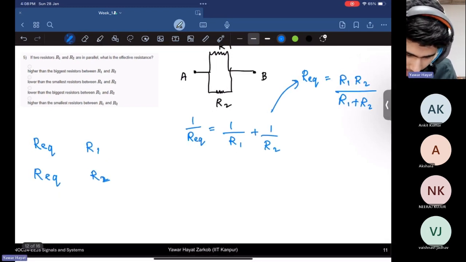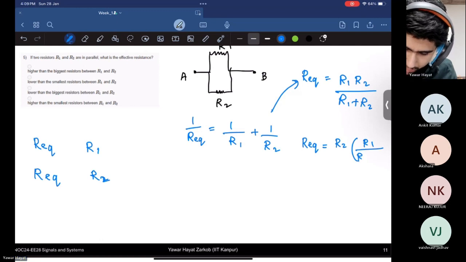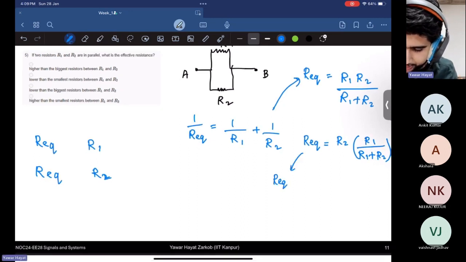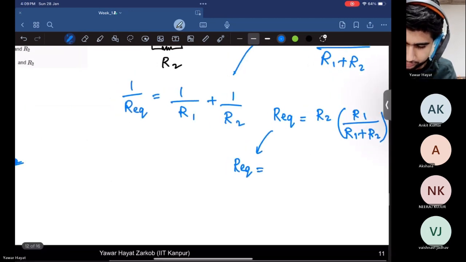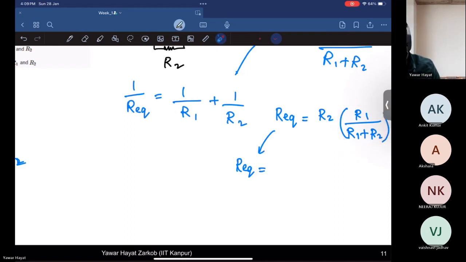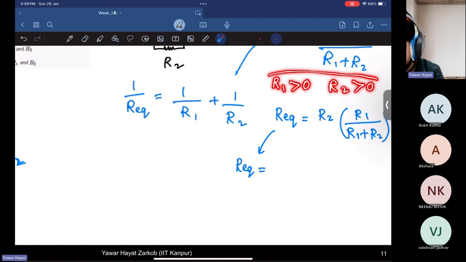Is it equal to, less than, or greater than? Now we can write it in this form. R equivalent is R2 times R1 by R1 plus R2. What can you say about this fraction? Since the values of these resistances will be greater than 0, R1 is greater than 0, R2 is greater than 0.